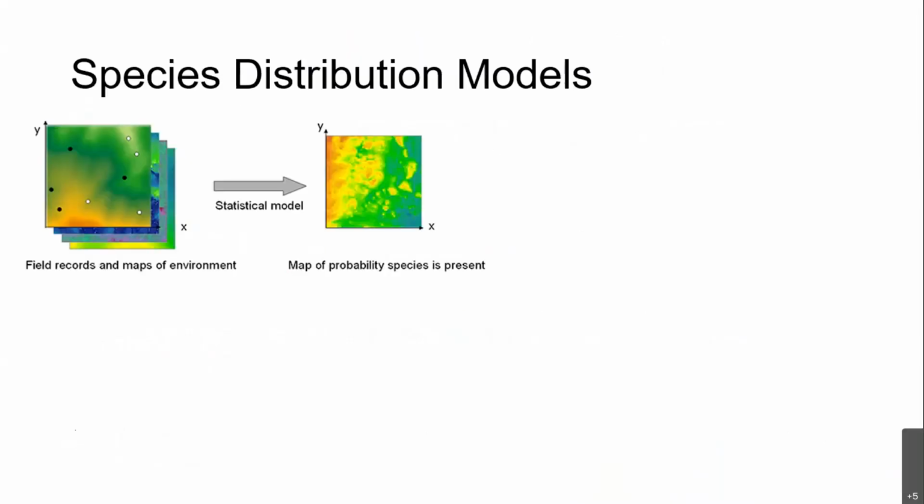And then finally, species distribution models. I'm pretty sure many of you are aware of what these are, but basically you have occurrence points or even non-occurrence points, and you have environmental layers. You apply a statistical model to those occurrence points and layers, and then you get this map of habitat suitability, or probability that a species is present in a certain area.